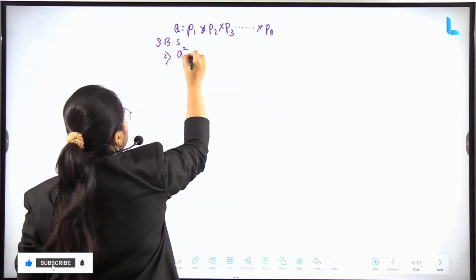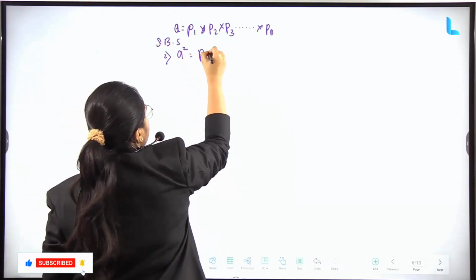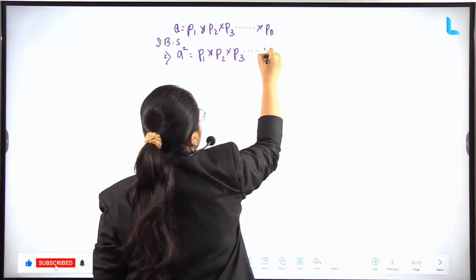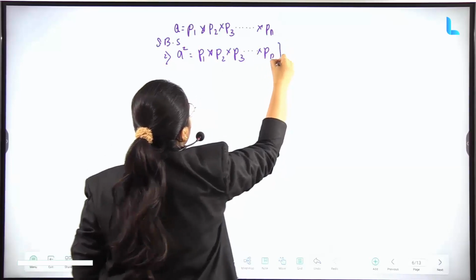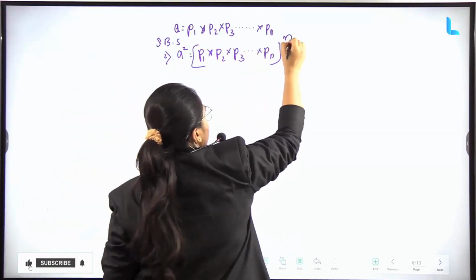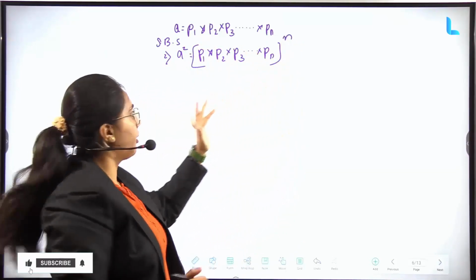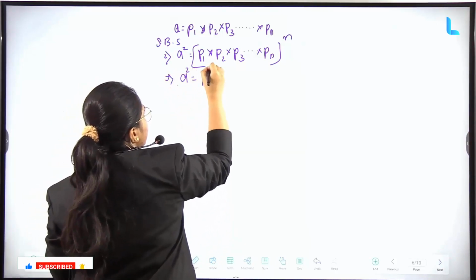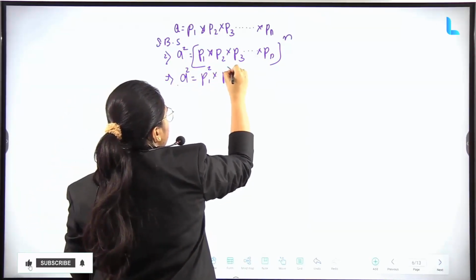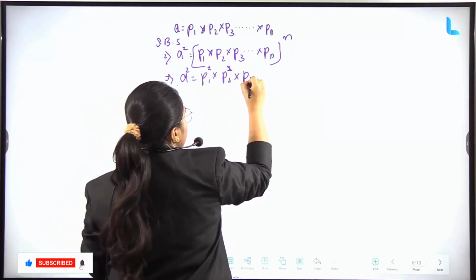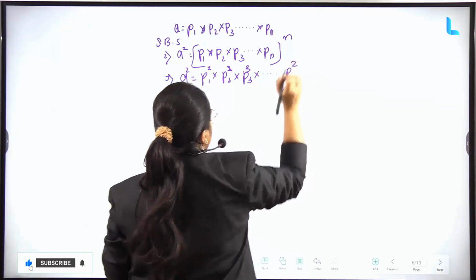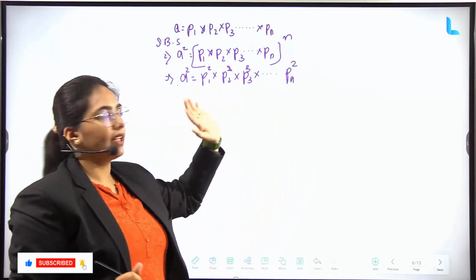We'll be getting A square is equal to (P1 into P2 into P3 ... Pn) the whole square. We have got this, and we have to elaborate the same. So if we elaborate, we'll get P1 square into P2 square into P3 square ... Pn square. This is how we can write.